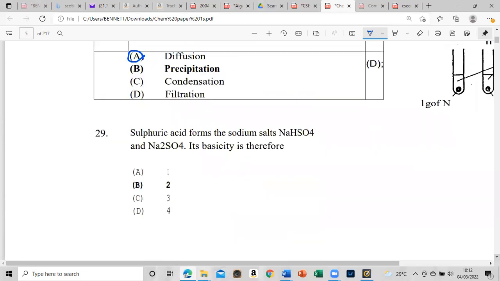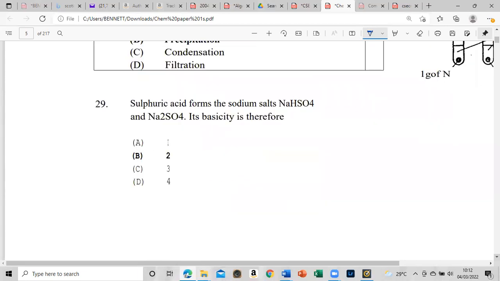Number 29, sulfuric acid forms a sodium salt, Na2SO4. Is it basicity? Is it A, 1, 2, 3, or 4? 29, that would be 2, so that's B.